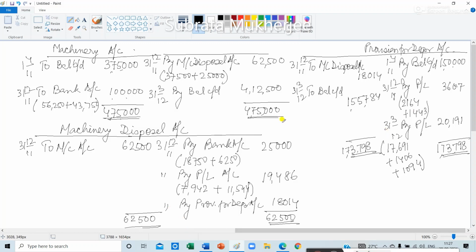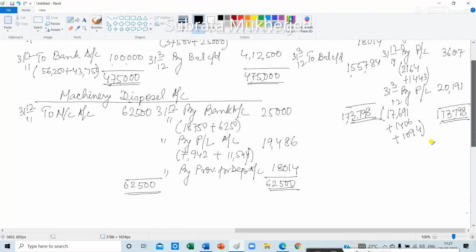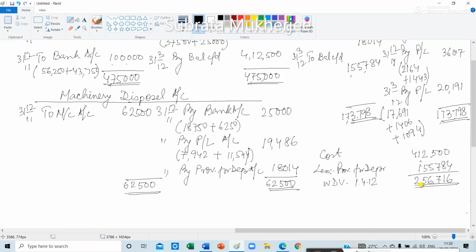So the cost of the machine on 31st March 2012 is 4,12,500, and the provision for depreciation on this date is 1,55,784. So the written down value of the machine on 1st April 2012 was 2,56,716.